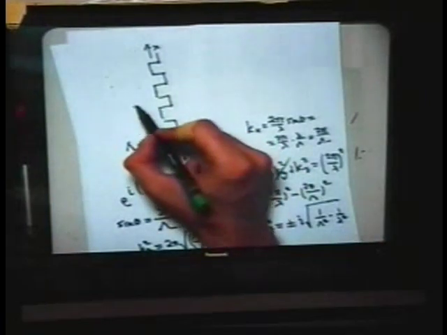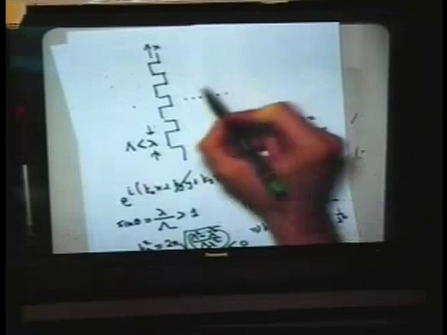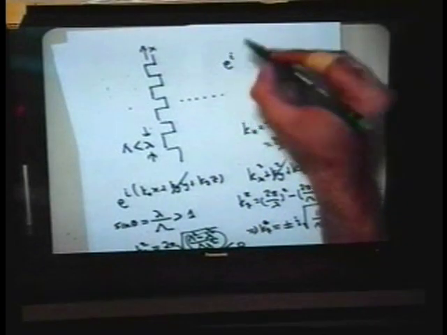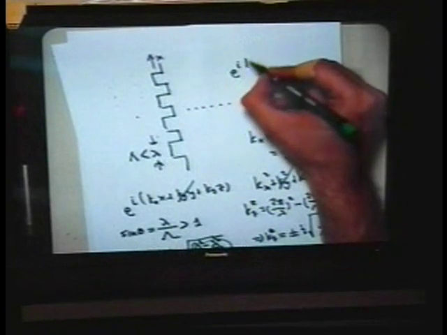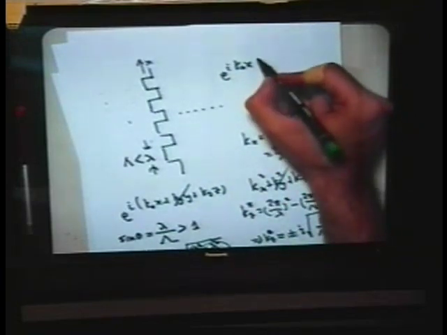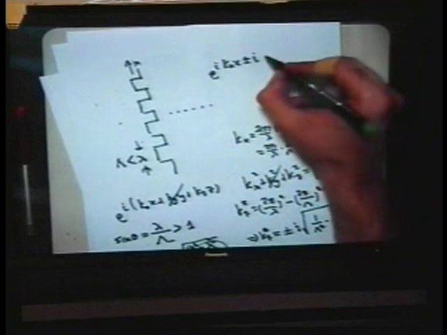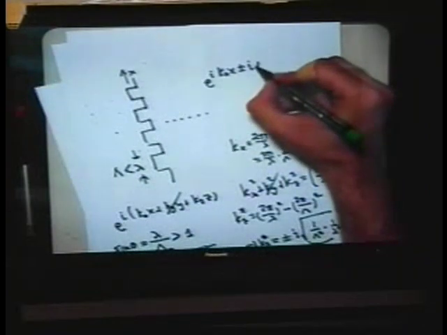So what does this mean now? I have a wave whose amplitude will be like e to the i kx x, nothing changes here, but then it will be plus or minus i times something positive. Let's call this alpha for brevity.